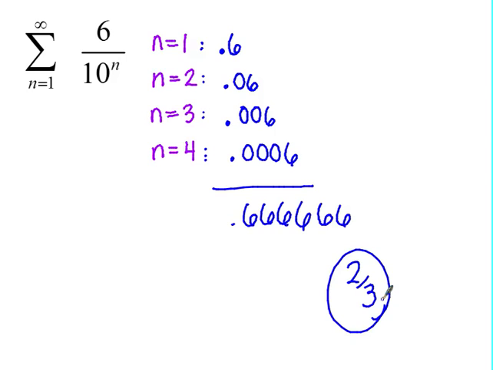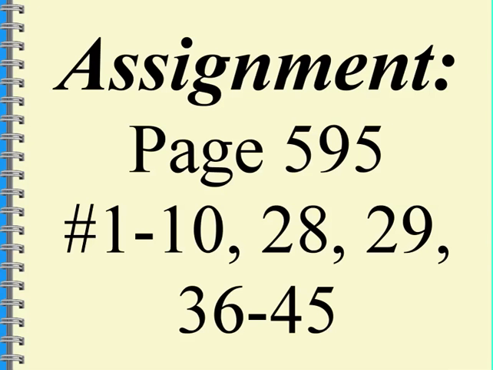All right, let's look in your book real quick, because this is what I have down. Page 595, 1 through 10. That's just like the ones we did in class.